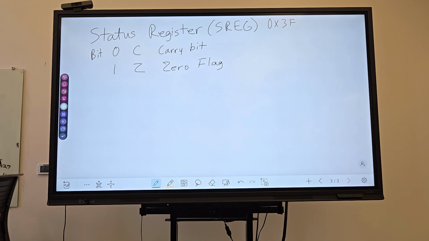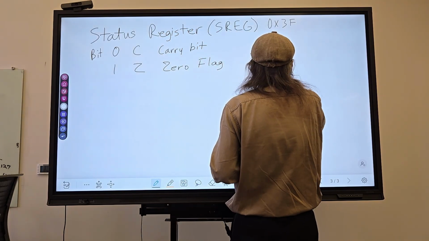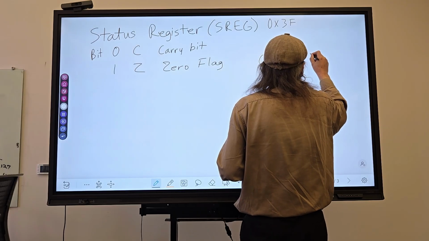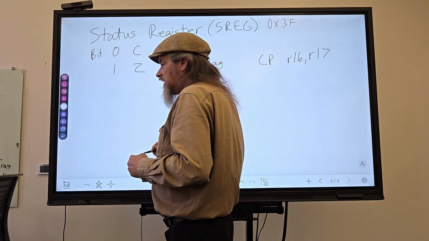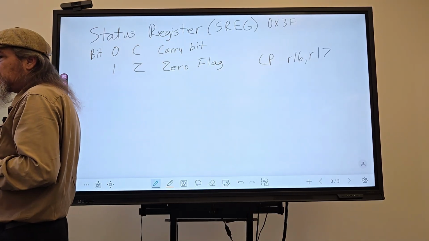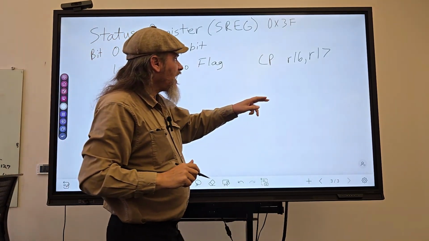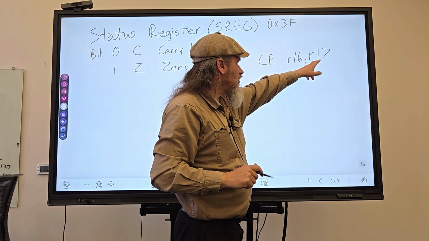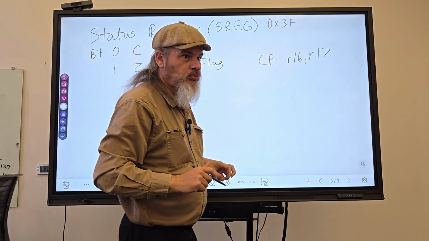So a common thing to do is compare two registers, say R16 and R17. What the compare instruction does is it subtracts the value in R17 from the value in R16.